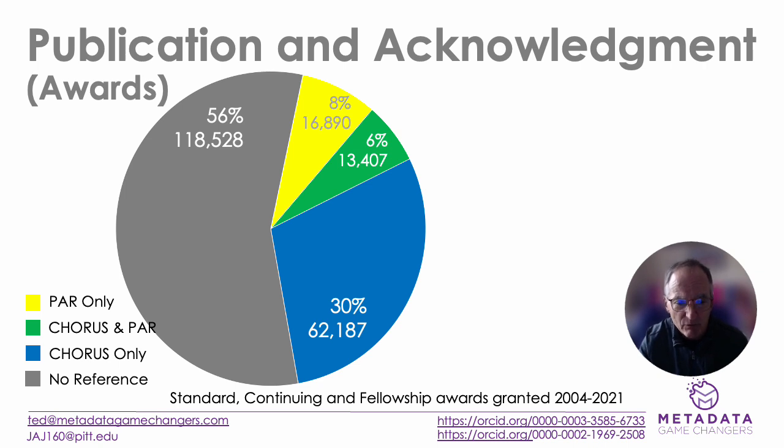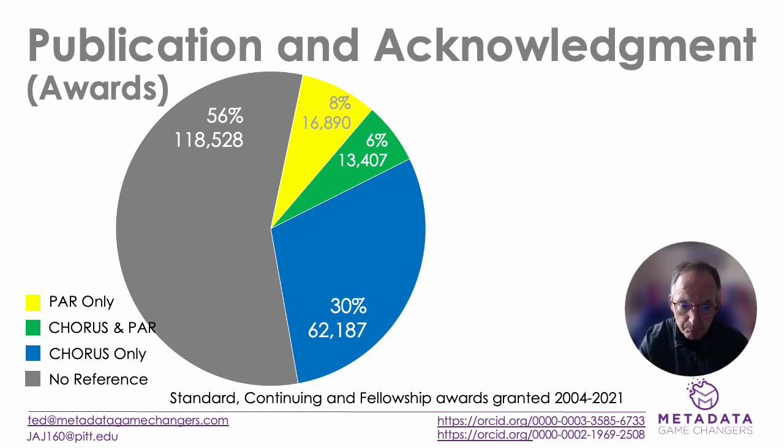But now we want to think about what do these differences really mean in terms of how research articles and awards make it through the data journeys. And so this is a picture of all of the awards in the award database between 2004 and 2021, and where and when references to those awards occurred.